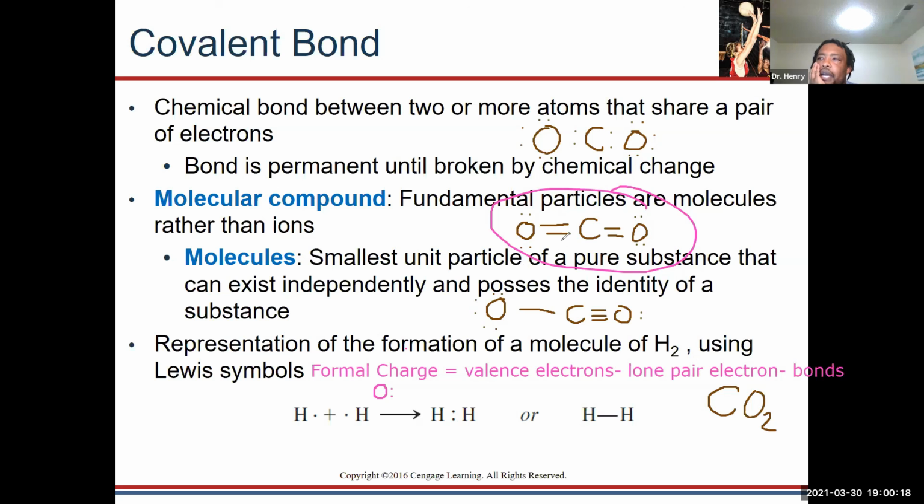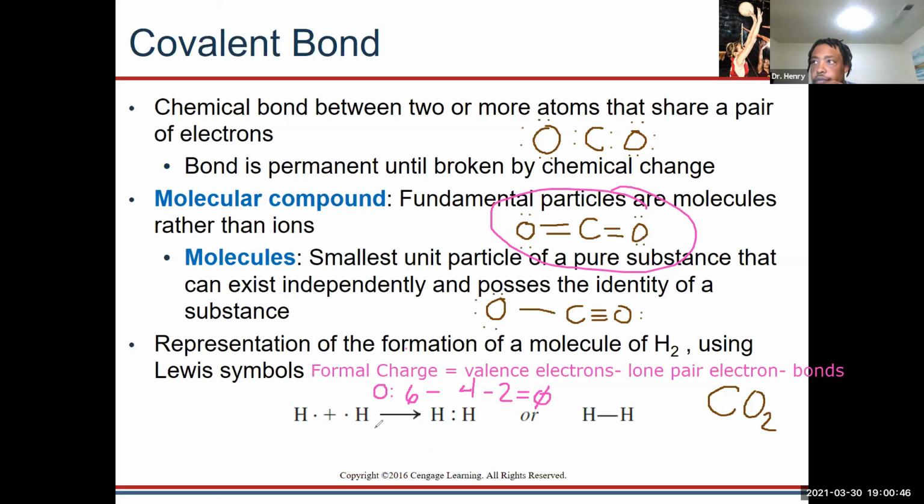How many valence electrons does oxygen have? 6. Minus the number of lone pair electrons, 4. Minus the number of bonds, 2. We add that up, that should equal 0.